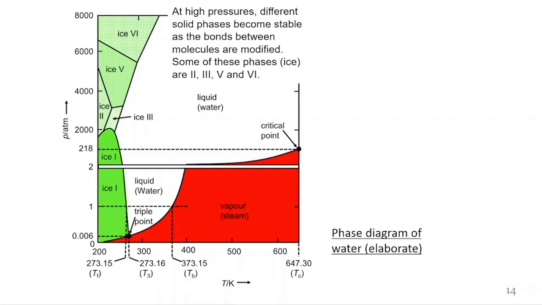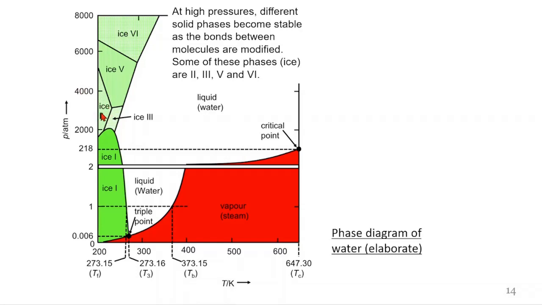So here is a more elaborate phase diagram of water. What we saw in the previous slide is indicated by this dividing region below. At high pressure, the bonding between the water molecules are modified, and that leads to more solid phases being formed.